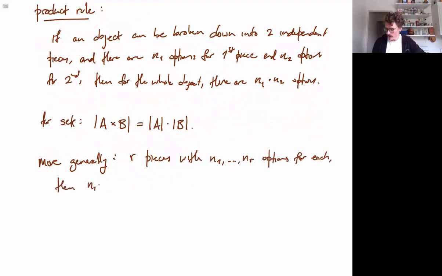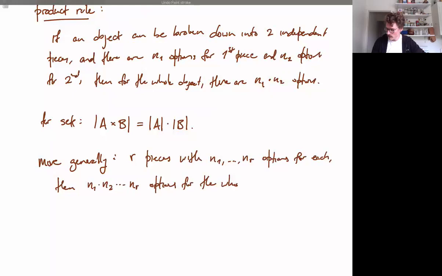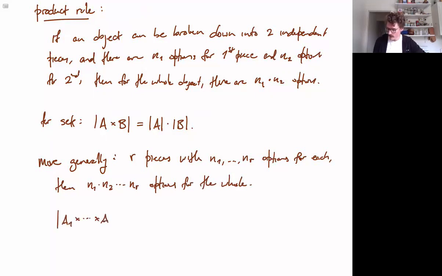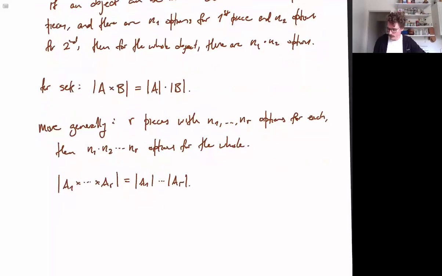So you have n1 times n2 times up to nR options for the whole. And this corresponds to a similar effect for sets where you're just taking the Cartesian product of R different sets rather than just two. Okay, well, let's do some examples.